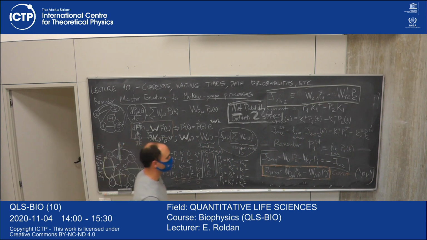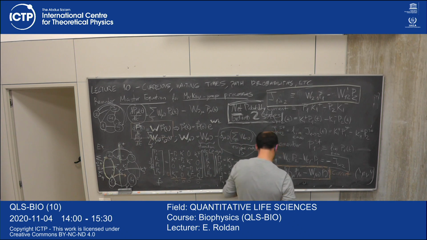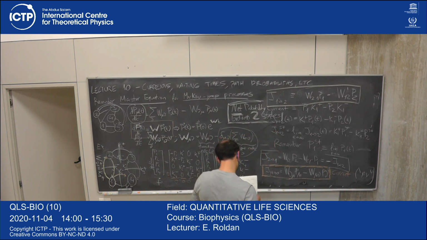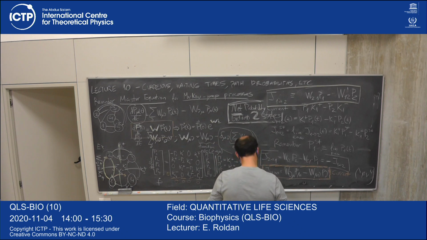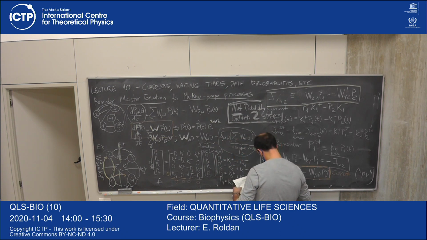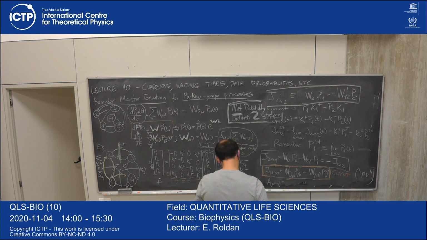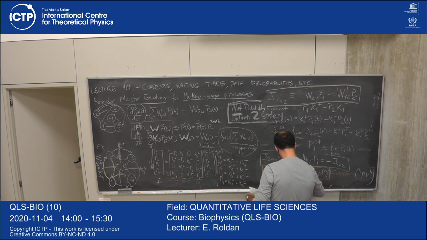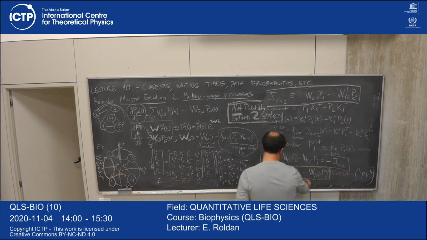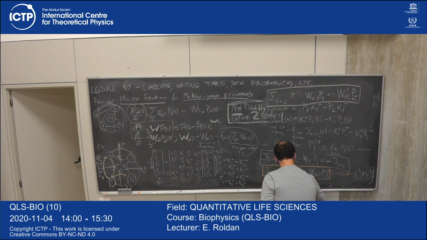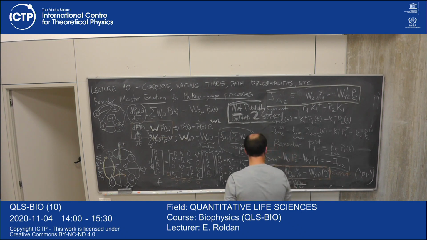This is called the affinity. We could say A mu to nu can be defined as the logarithm of the rate mu to nu divided by the opposite, nu to mu. This is called affinity.